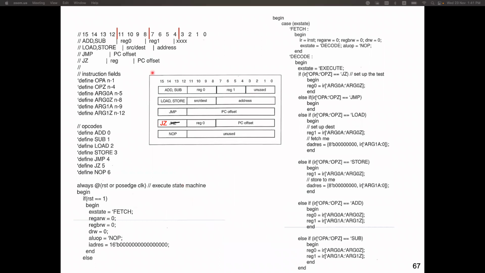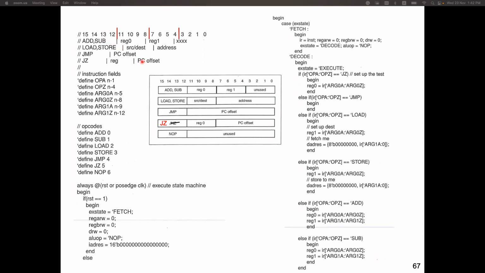Now for the instructions, there are 7 instructions given here. The instructions are coded in the 4 MSBs. The first 4 MSB bits represent the operation code: add, subtraction, and so on.